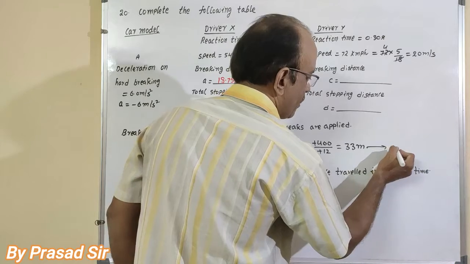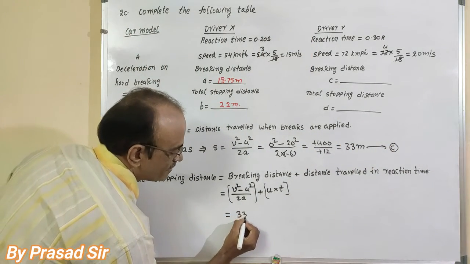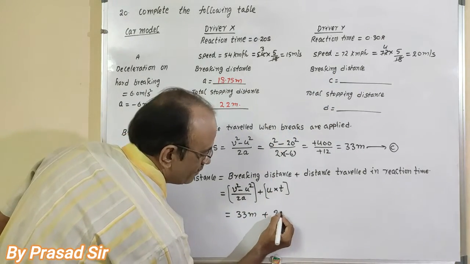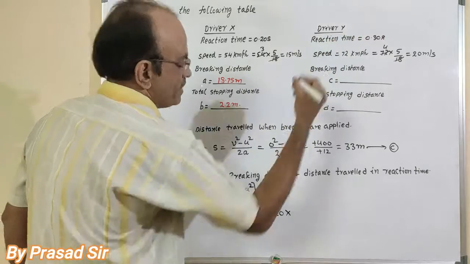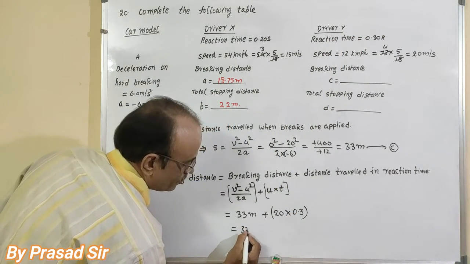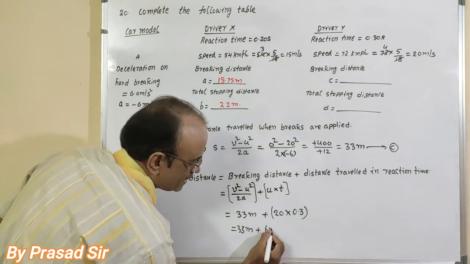So this is option C. Now we already know this one is 33 meters plus velocity 20 into time 0.3. So it is 33 meters plus 6 meters.